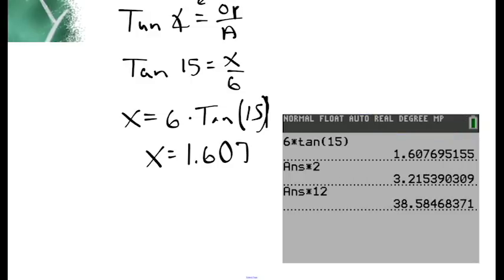All right, so as I look at this, here's my x value, there's my side value, and here's my perimeter. My perimeter is 38.58.